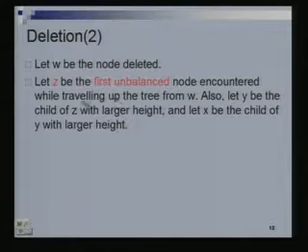So let's say Z is the first unbalanced node encountered while traveling up the tree from W. Now Y is not the child of Z on the path; we define Y as the child of Z with larger height, and X is the child of Y with larger height.